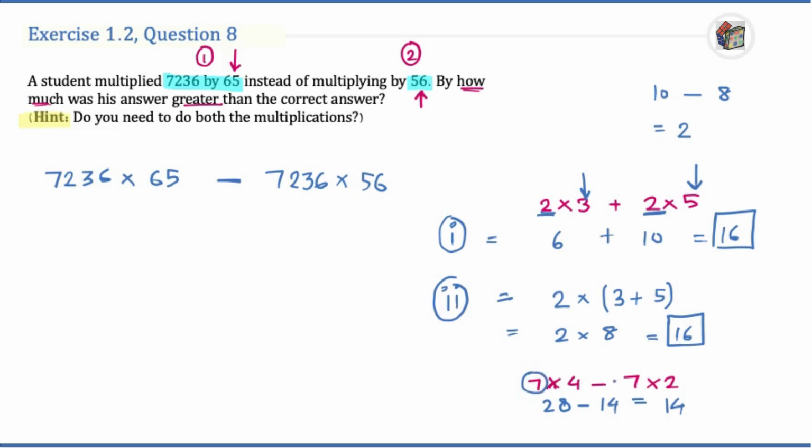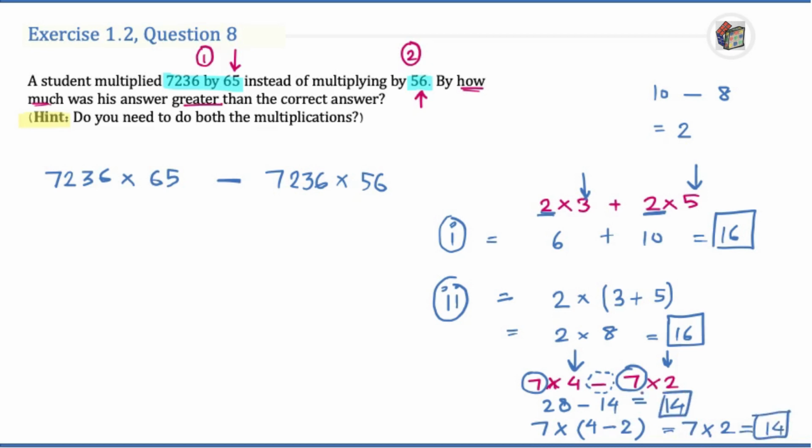So 7 is being multiplied with both of them. Just write down 7 once and then make a bracket. In the bracket, put the other 2 numbers with the sign that you have. So you will put 4 minus 2. This is 7 times, what is 4 minus 2, is 2. So 7 times 2, 14. You again get the same answer.